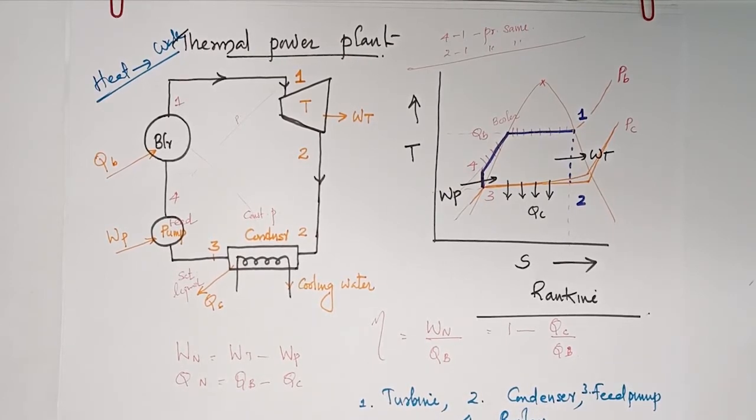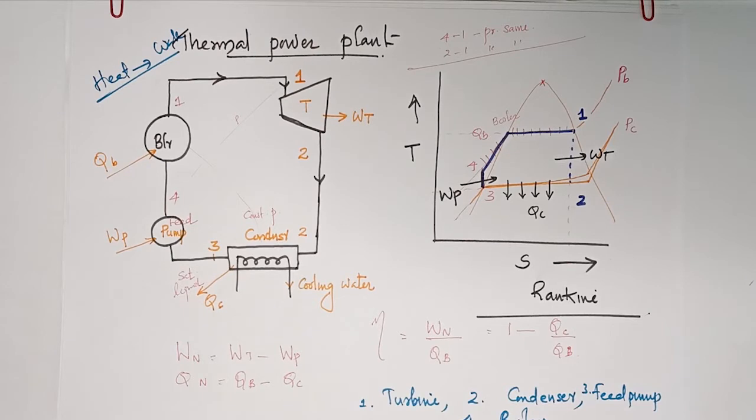So these are the four things, and we will see how the vapor power cycles are used to analyze a thermal power plant. After completion of this section, you will be able to identify the parts of a thermal power plant, and the process happening in each section.